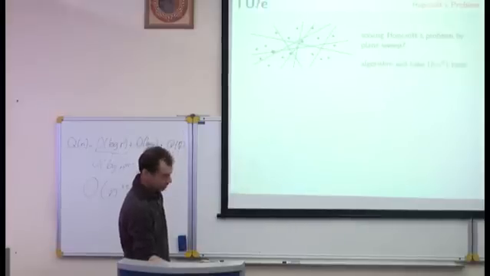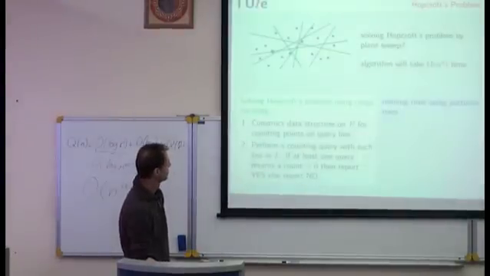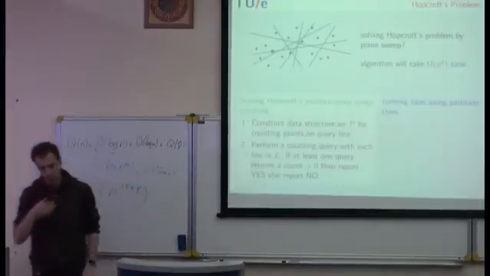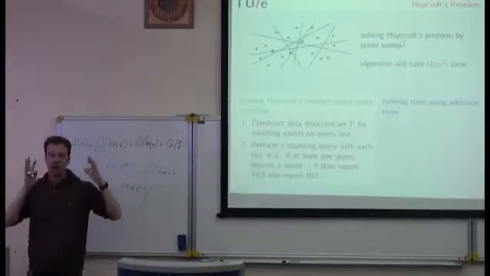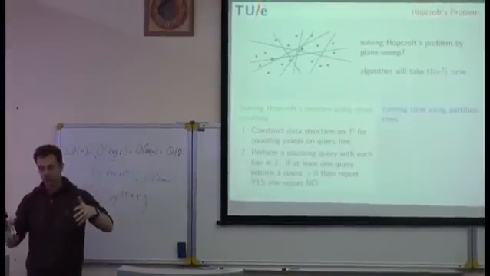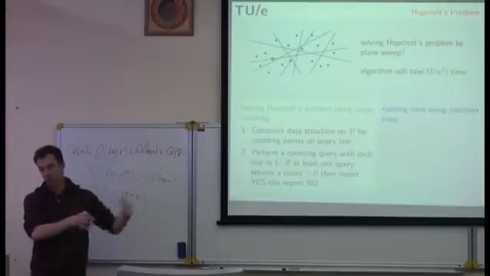Well, this is n squared. So how you can do it is you say, okay, I take my point set and I compute a partition tree for the point set.